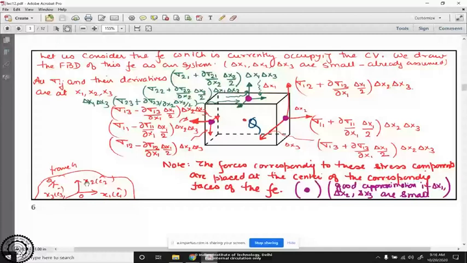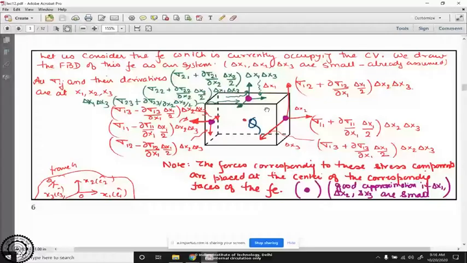These are the orientations of our 3-axis Cartesian coordinate system. Accordingly, this is delta x1, the vertical is delta x2, and coming out of the plane is delta x3.